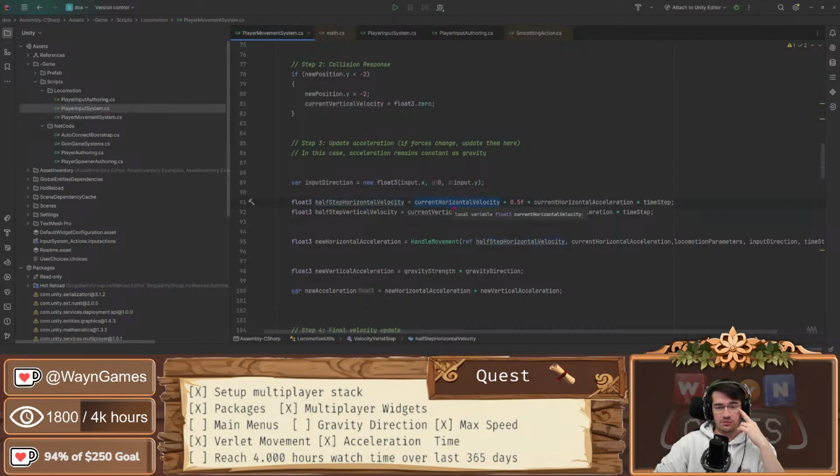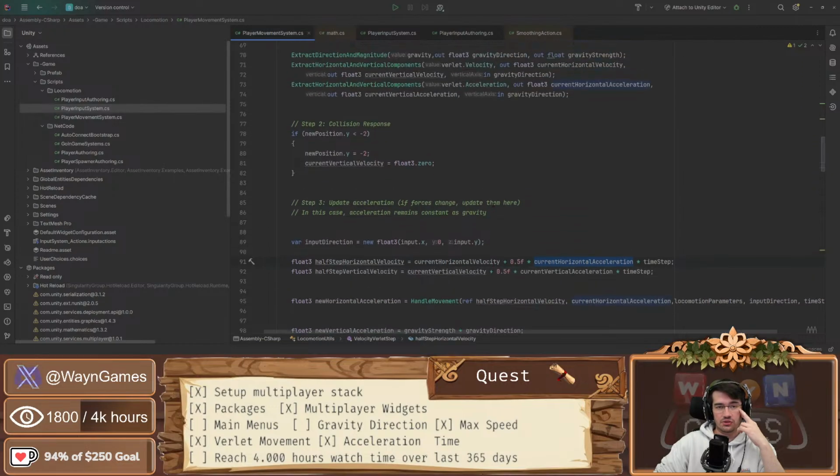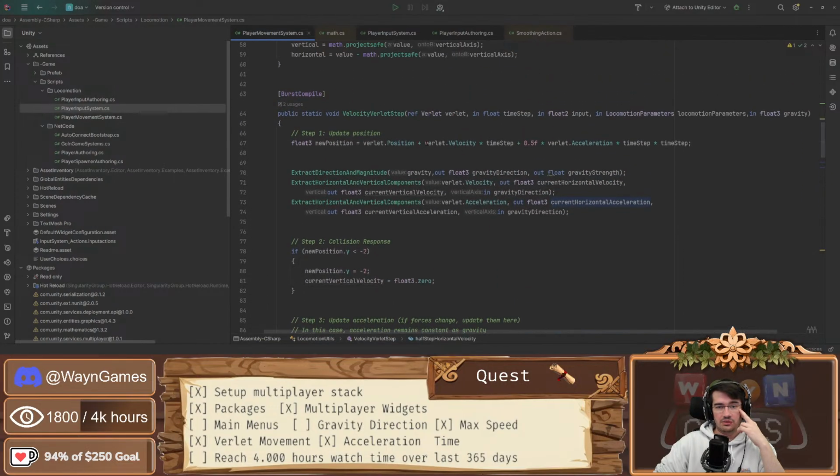That will be the current velocity plus half the acceleration, current acceleration. So that's basically the same definition as this: current velocity plus half the acceleration.